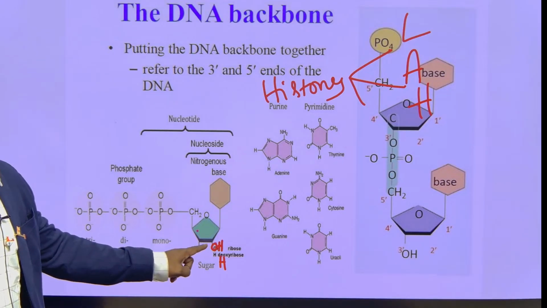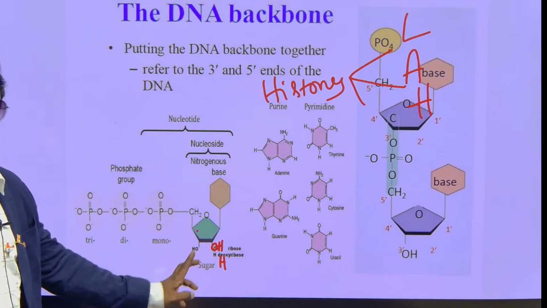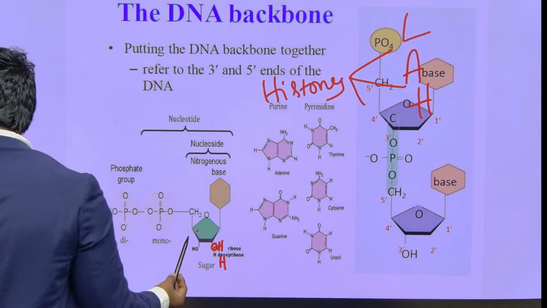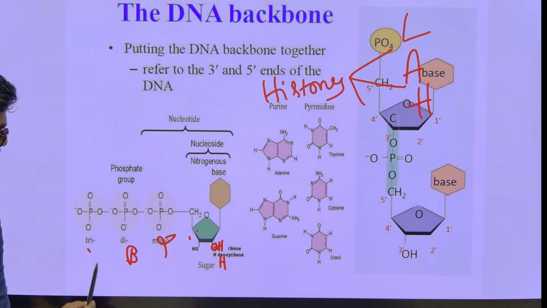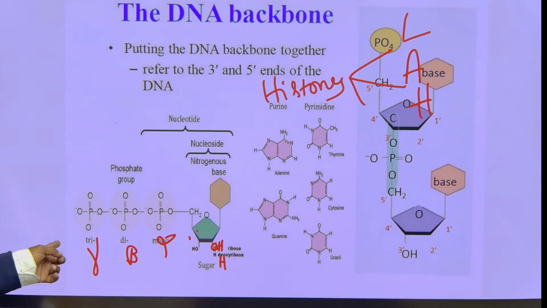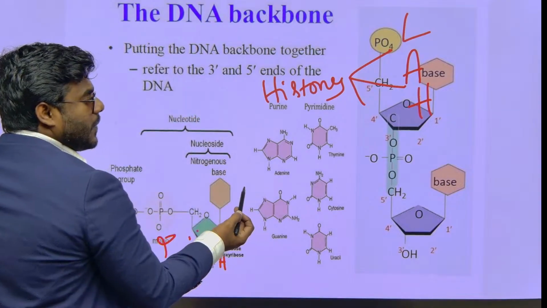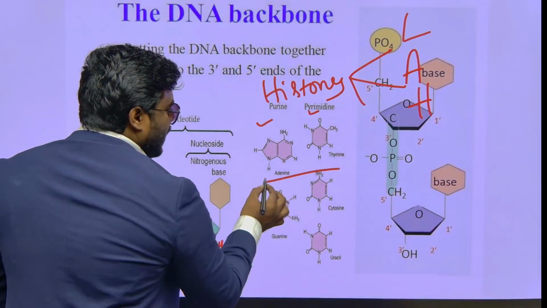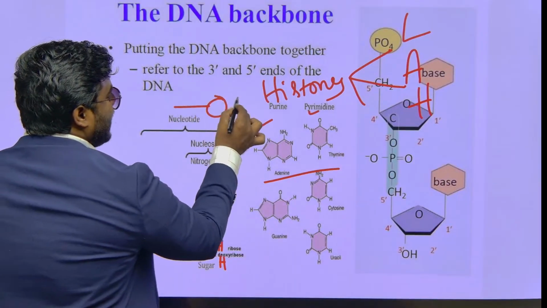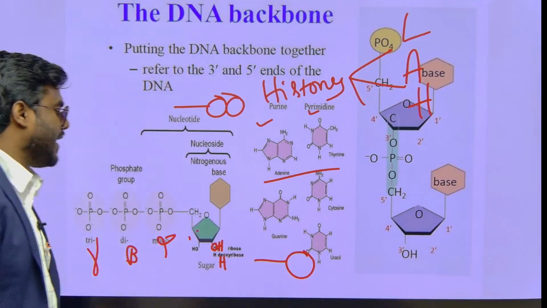If it does not contain oxygen, we call it deoxyribose sugar. And very important, we have 3 phosphate groups, alpha, beta, gamma, or mono, di, triphosphate. Now we already read that we have 2 types of nitrogenous bases, purines and pyrimidines. We know very well purines are bicyclic rings like this, and pyrimidines are only monocyclic rings.